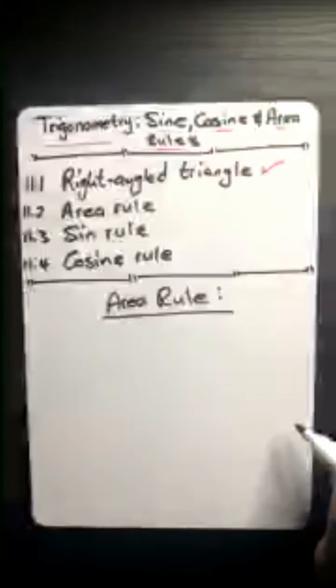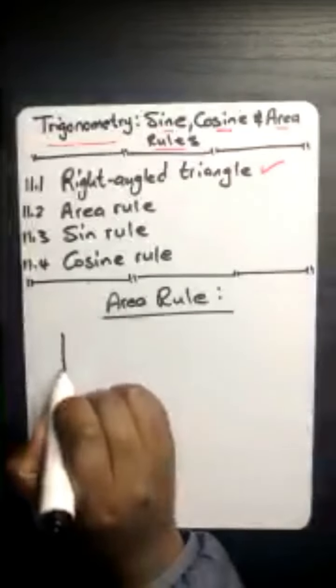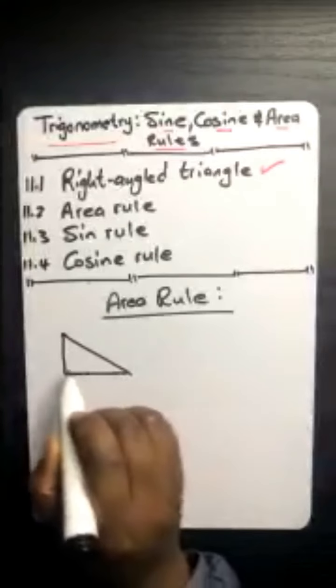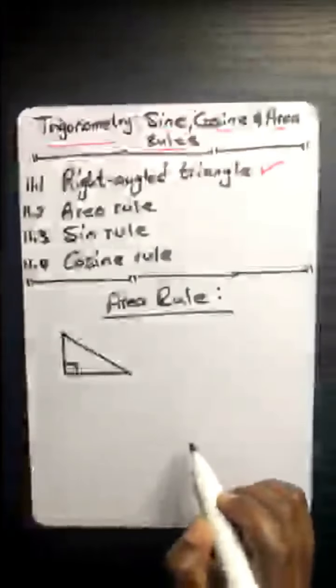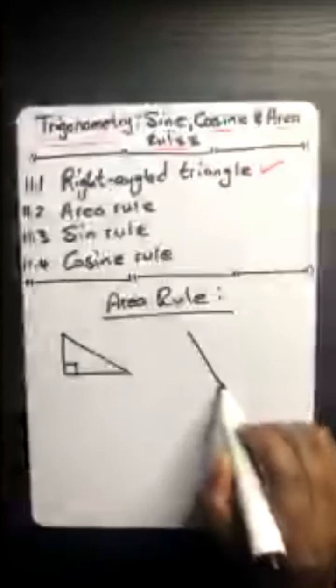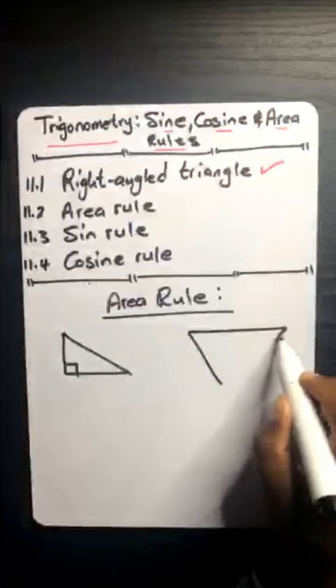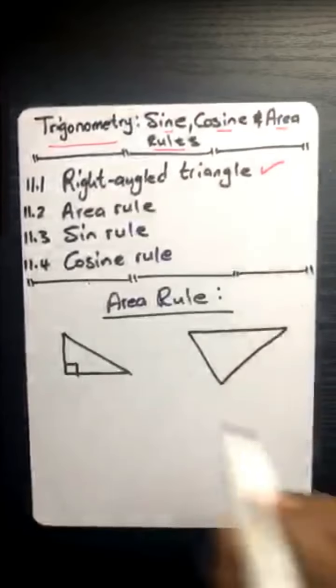Okay, the area rule. Remember, guys, in this case we are going to be talking more about the area. Remember, you either have a right-angled triangle, or a triangle similar to that.